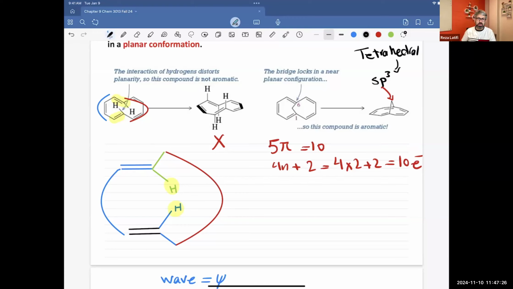And in order to get aromaticity, the carbon with the sp3 hybridization, or the bridge, will be pointing out of the system, and the rest will give us a plane. Okay, so that plane will be aromatic except the bridge carbon.